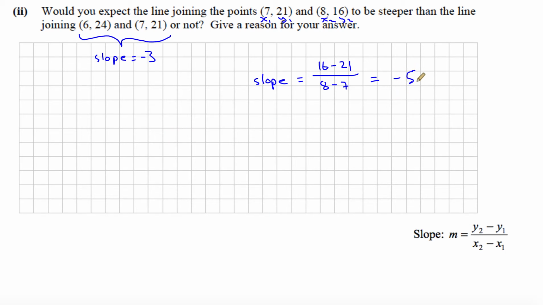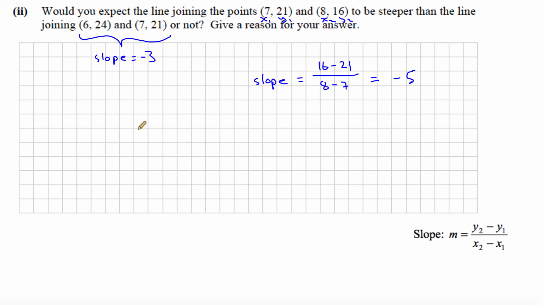So it's a negative slope, but the positive value of this is 5, the positive value of this is 3, so the absolute value of this is bigger, so it would be steeper.